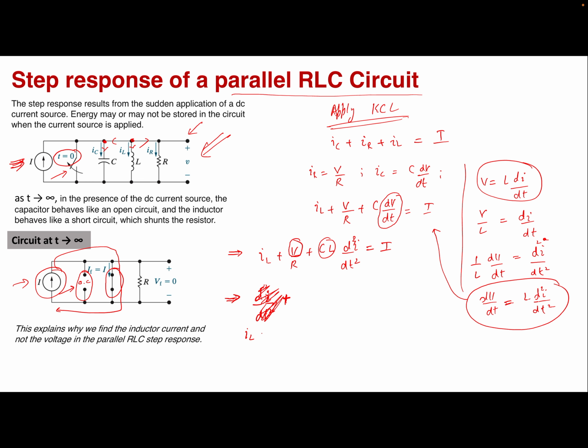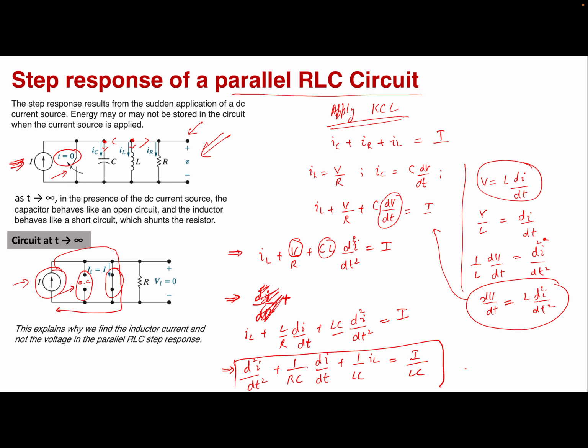I have I_L plus V, which is L over R di by dt, plus LC d squared I by dt squared, equals I. Now divide the whole equation by LC. You're going to get d squared I by dt squared plus 1 over RC, since LC and L cancel, dI by dt, plus 1 over LC I_L equals capital I over LC. So this is the equation. Let's call it equation 1.